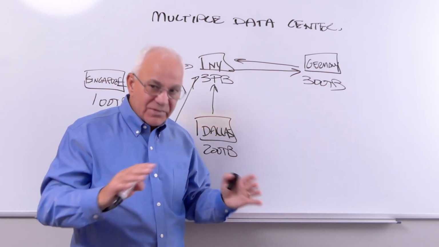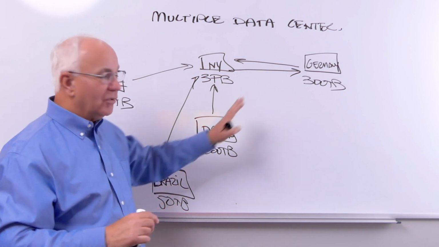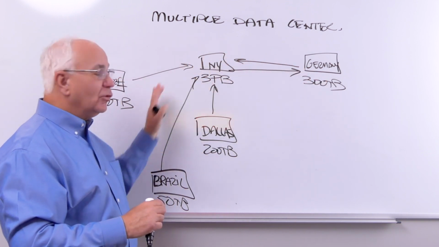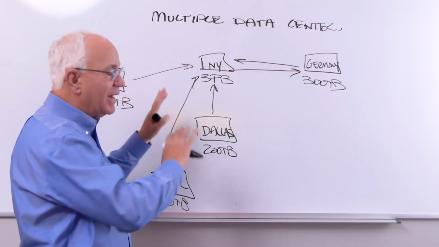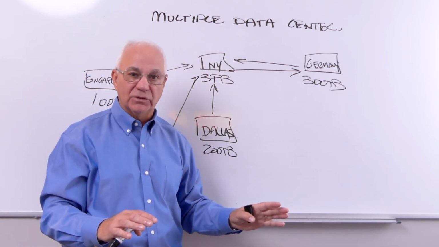So what you need is a hub and spoke type of environment that allows for cross replication, that allows for you to be able to have any site be the DR site for any other site.